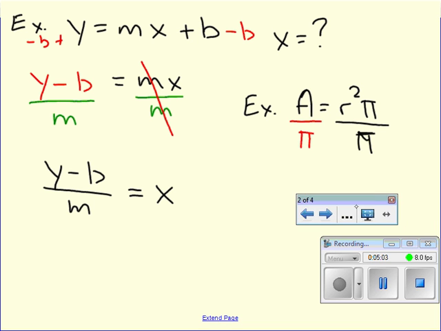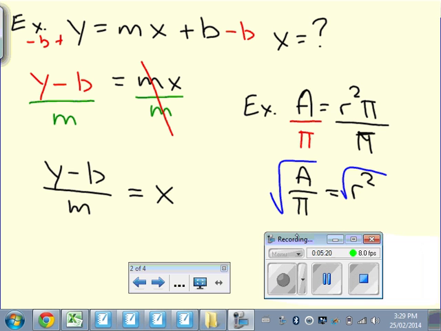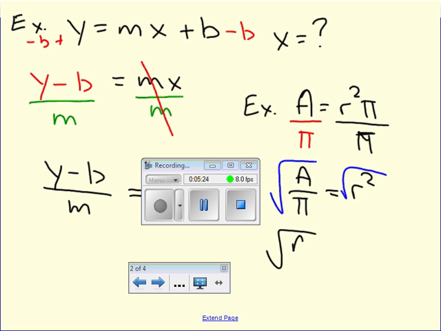That's going to leave me with A over pi is equal to r squared. The opposite of a square is a square root, so I'm going to square root both sides. The square root of r squared will give me r. And to solve for r, it's going to be the square root of A over pi is equal to r.